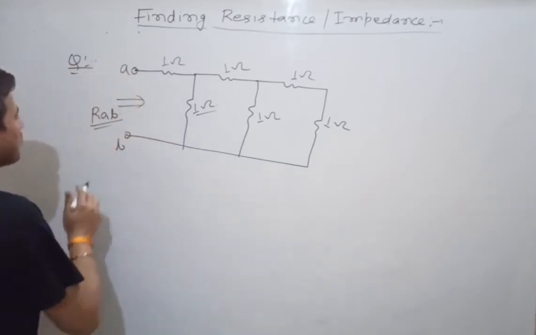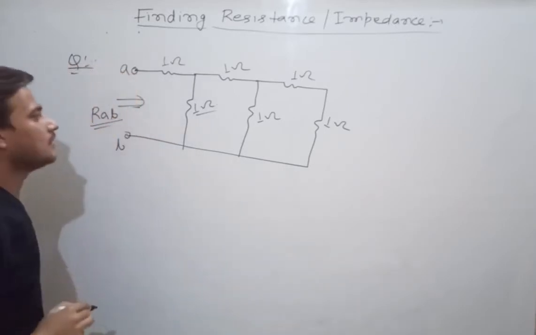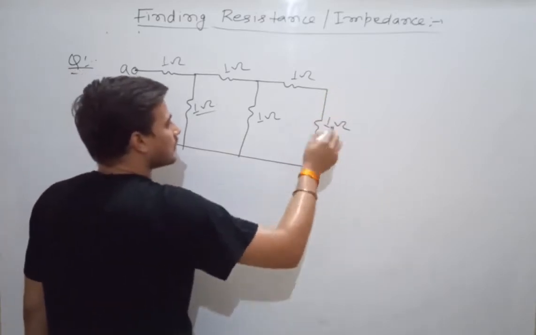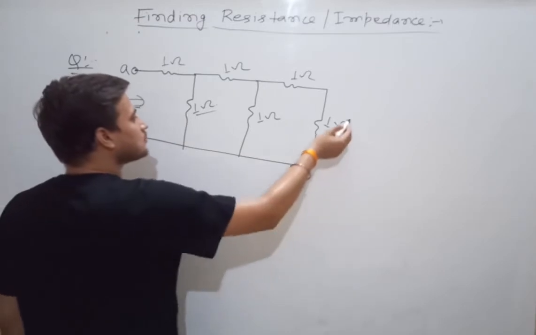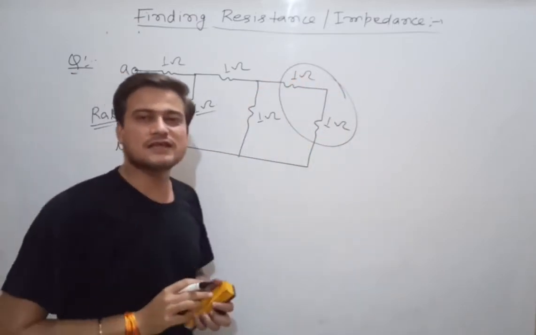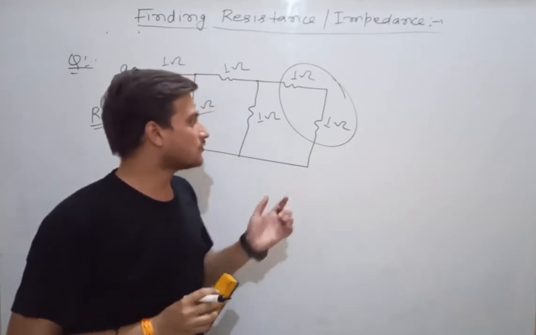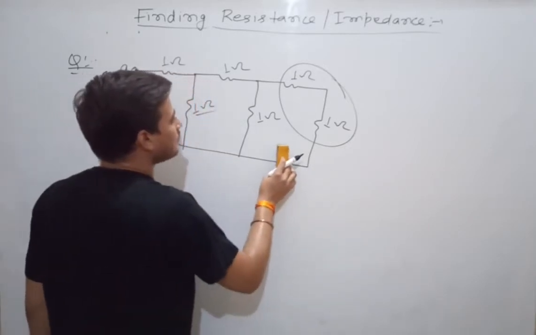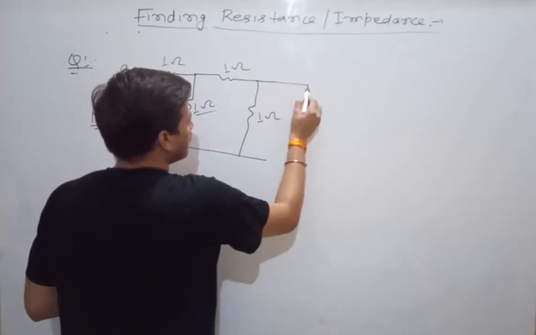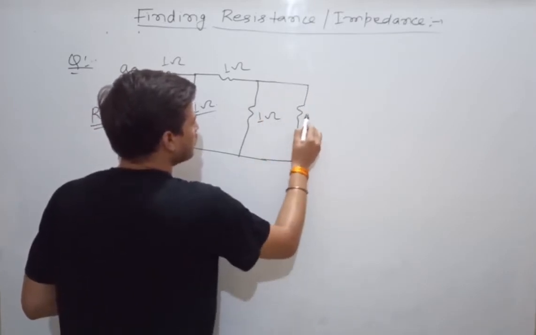You will have to start from the last terminal. You see that these two resistances are connected in series. So the equivalent resistance will be 2 ohm.